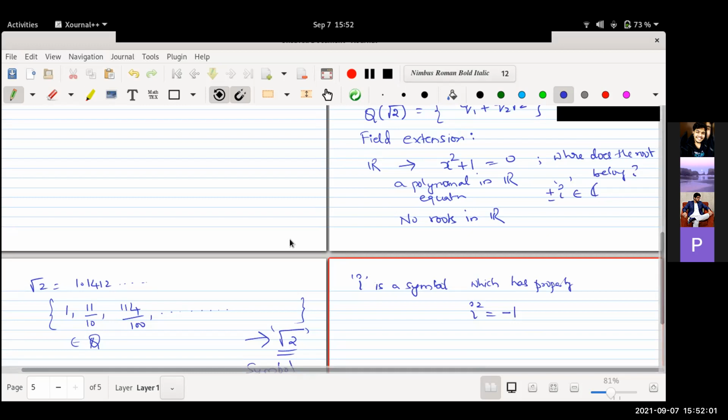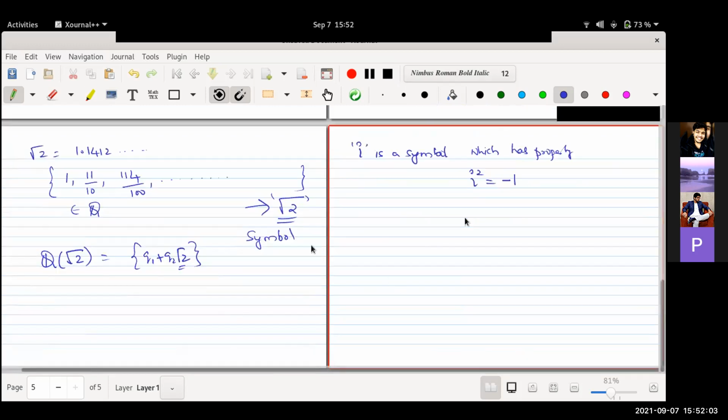If I is a symbol having this property, what you did was you took the set of real numbers and included this I also. So how will it behave? It will have real number 1 and I times real number 2. So this is nothing but your complex domain. This is what we have done.